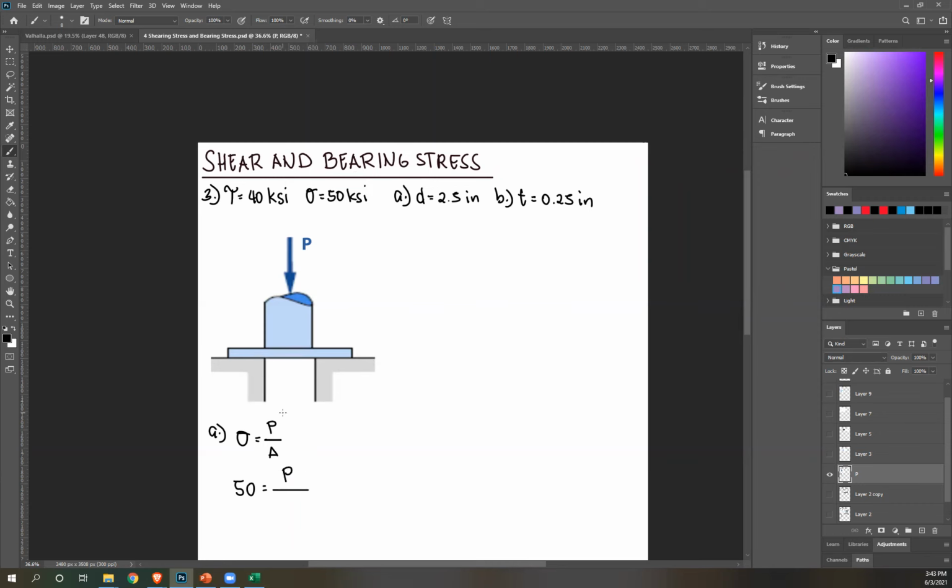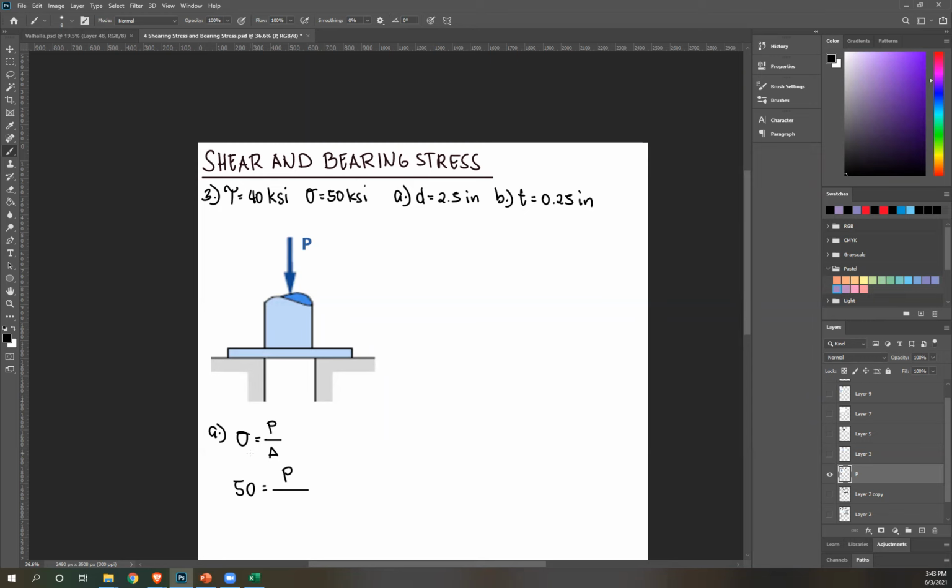And then what is the area? This area, again, is for compression, so take note, this area is the one perpendicular to your force. Can anybody give me the equation of this area? Not the value, the equation. What's the equation of the area of the punch for compression?